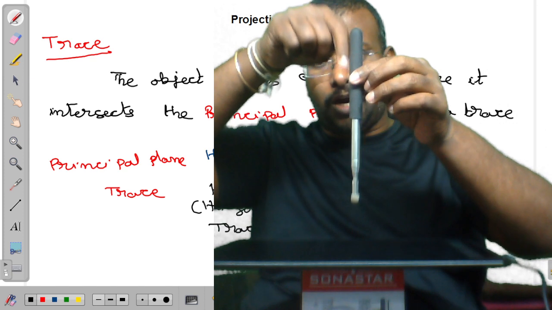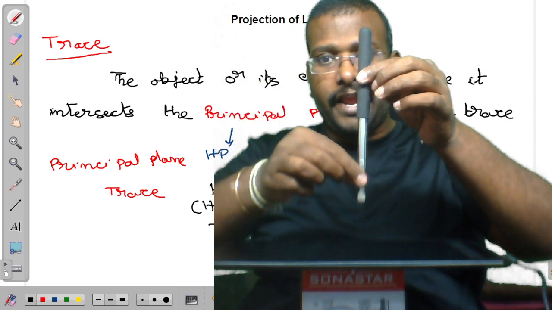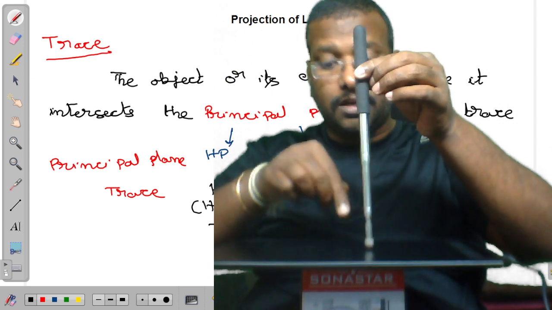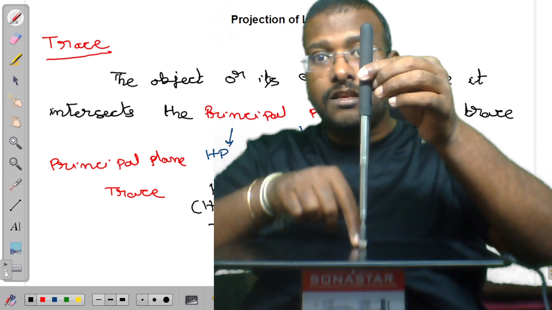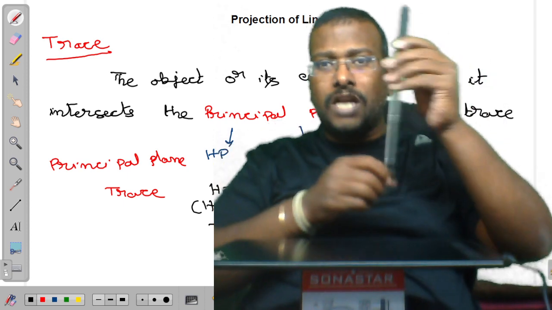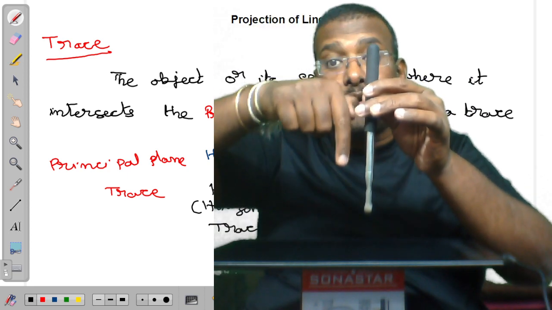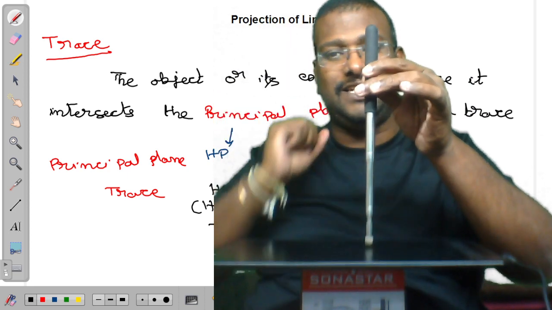The top view is a point. If I extend it, it meets the principal plane wherever you get the top view. So once a line is perpendicular to HP, the top view itself is the horizontal trace.